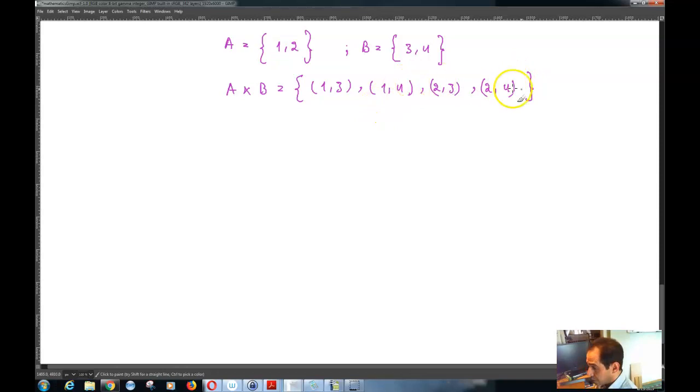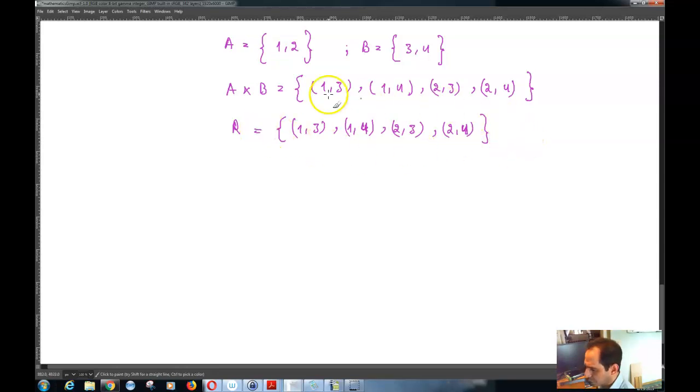Now, if I take one of the subsets of the Cartesian product of A and B as the product of A and B itself, meaning that every set is a subset of itself, then one of the subsets of this set would be, for example, some set R having all of these elements: (1, 3), (1, 4), (2, 3), (2, 4).